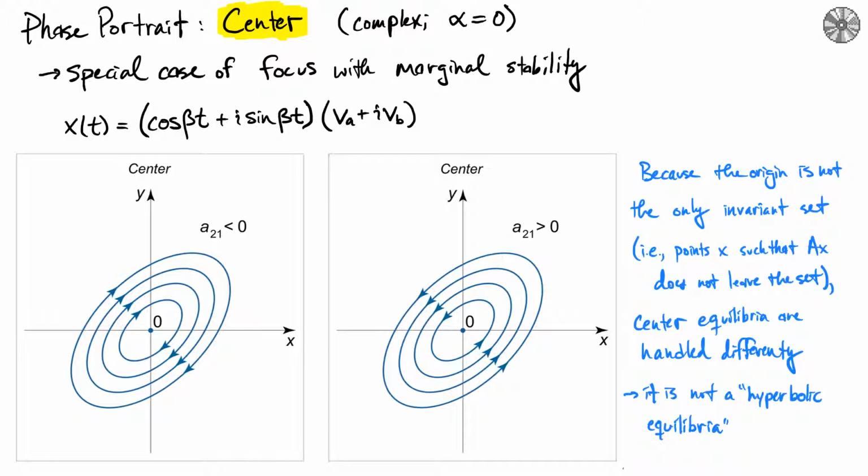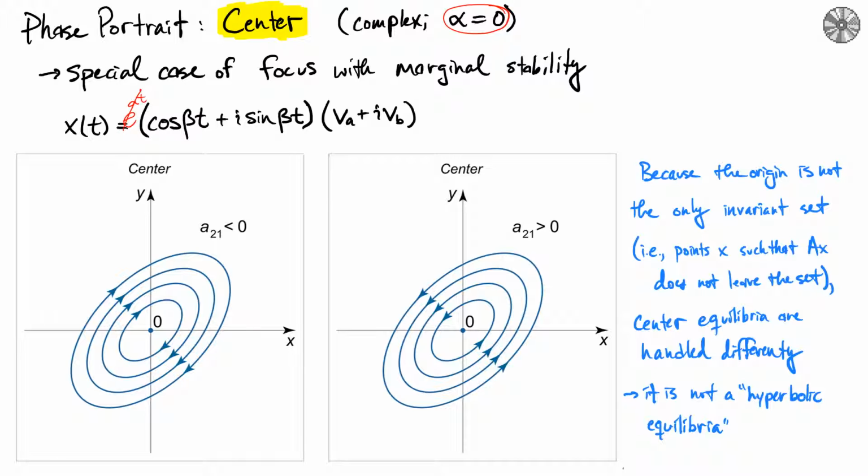Again, we talked about not considering cases where the real part is equal to 0, but it's worth taking a look just to see what they look like. What ends up happening is that e to the alpha t out front just becomes 1 because alpha is 0. That means there's no growth or decay.